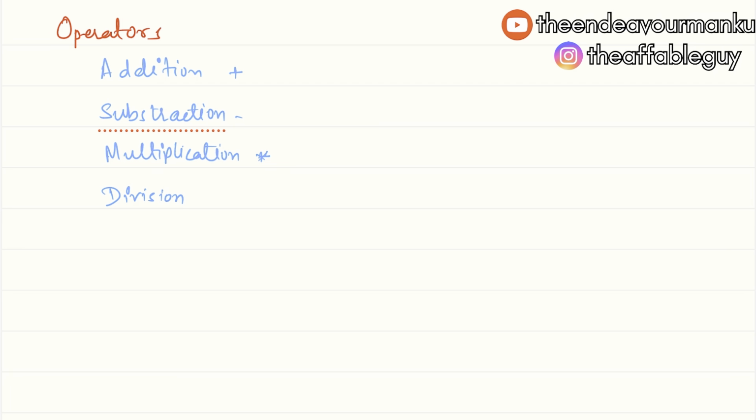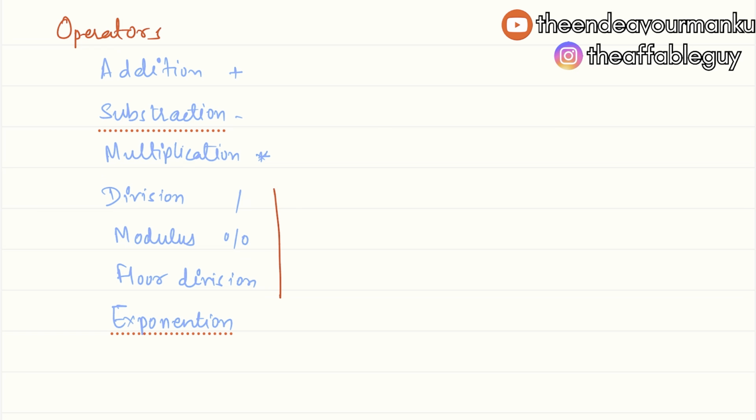In division, we have two, three different things like modulus and floor division. We will discuss this in detail, and I'll show you the practical as well. And then exponential. This is division, this is modulus, and double slash is floor division. And for exponential, we use these two stars.